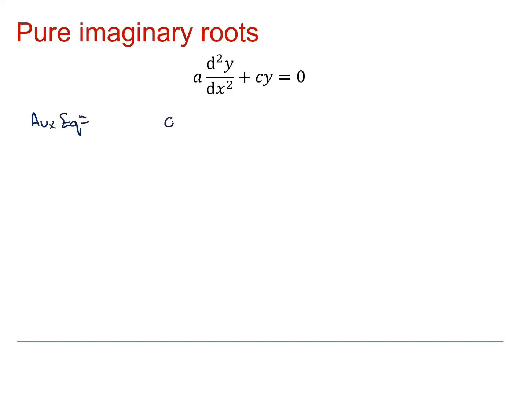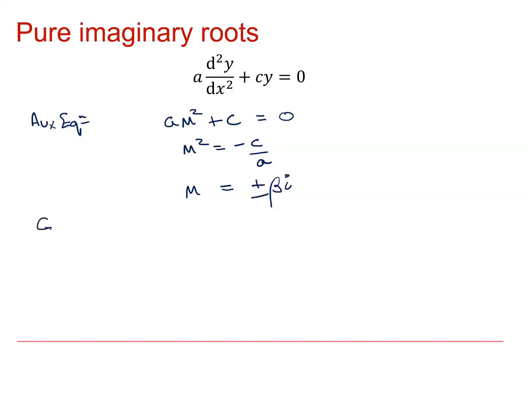Well, that's going to be a m squared plus c is equal to 0. That's going to give me m squared is equal to minus c over a. And this means that m is going to be imaginary. Let's call that beta. So m is going to be beta i, and I'm going to get plus or minus.